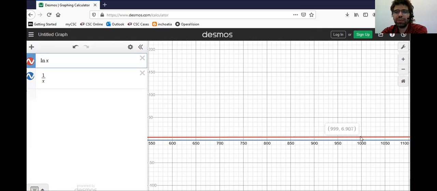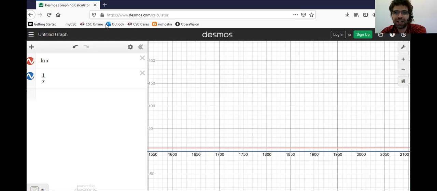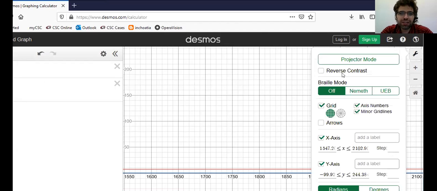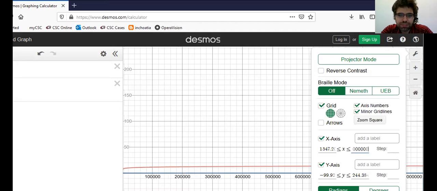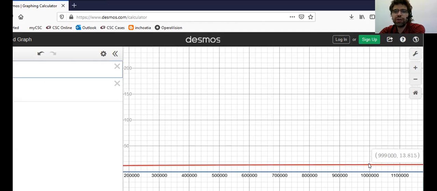When x is 999, the logarithm is growing at a rate of 1 divided by 999. When x is 1,000,000, the logarithm is growing at a rate of 1/1,000,000th.